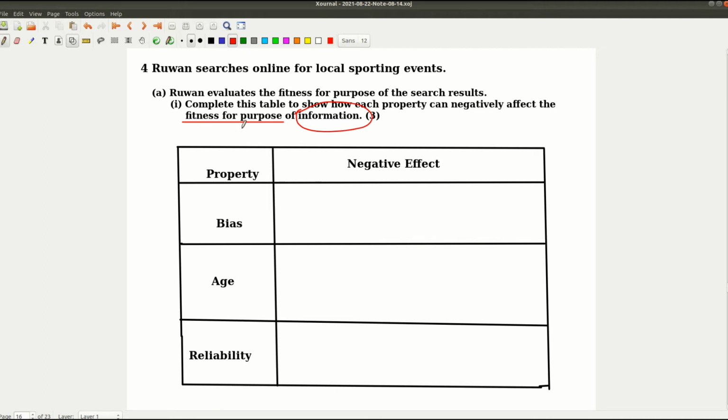So what's fitness for purpose? It means what's the quality, or what's the truth about that certain list or certain articles they are showing on the internet. It means the quality of the information, is it true or not true, something like that.